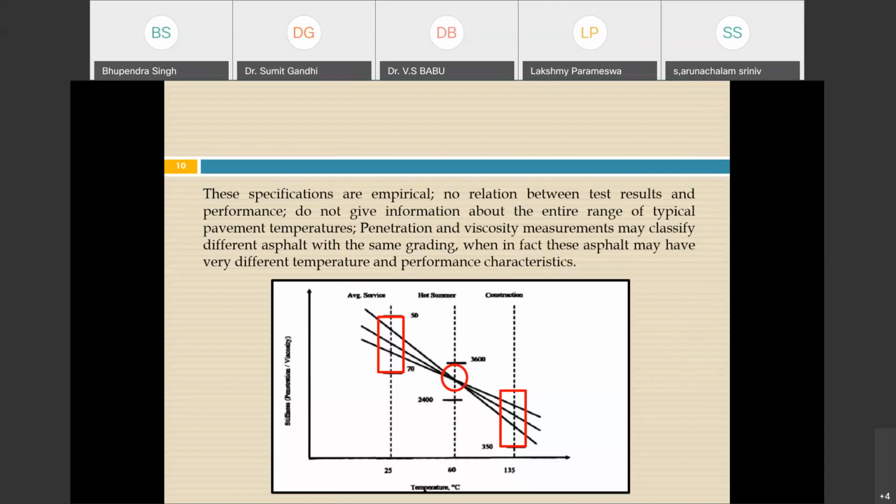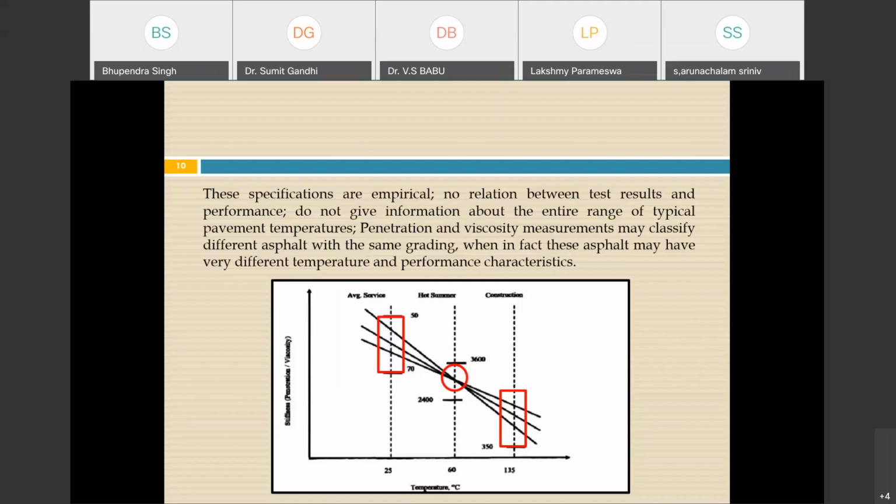But when we talk about the higher temperature, which is the construction temperature at 135 degrees Celsius, and the average service temperature, which is 25 degrees Celsius, their performance or behavior can be totally different from each other. So deciding the grade based on one property at one temperature does not give us the full picture.